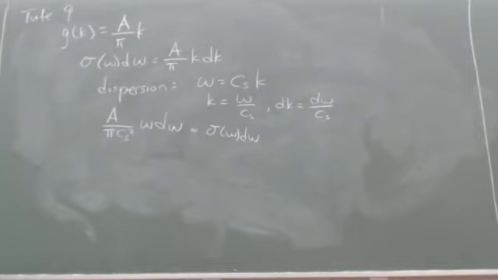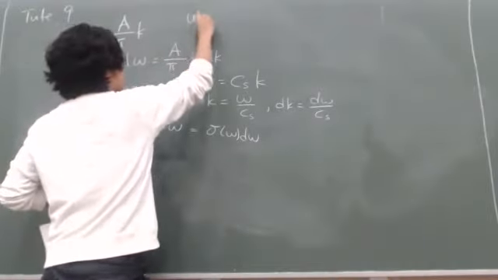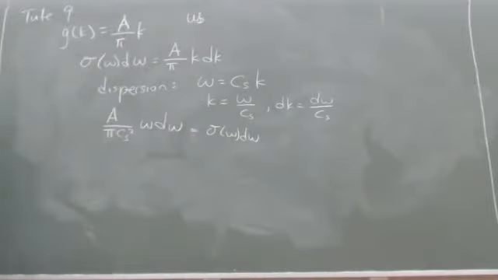But that's not the end of it, because once we've found the density of states, we then have to use it to find the cutoff frequency, the Debye frequency, omega d.